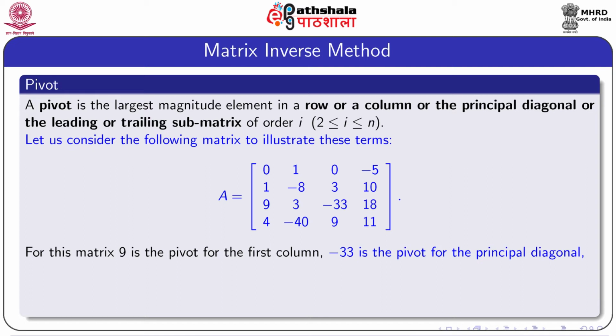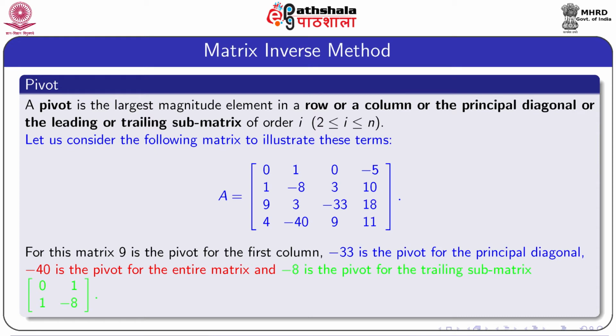Minus 40 is the pivot for the entire matrix, the largest magnitude element in the entire matrix, and minus 8 is the pivot for the trailing submatrix, the submatrix 0, 1 and 1, minus 8.